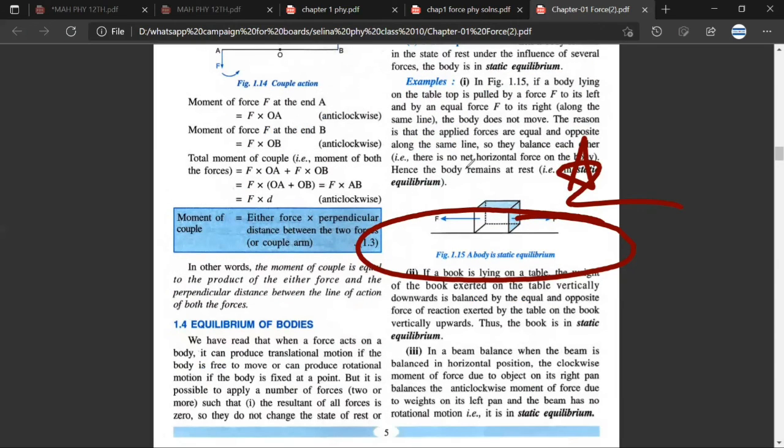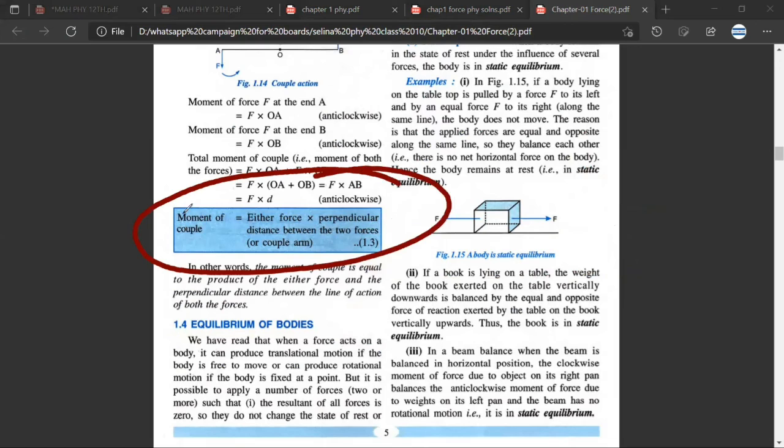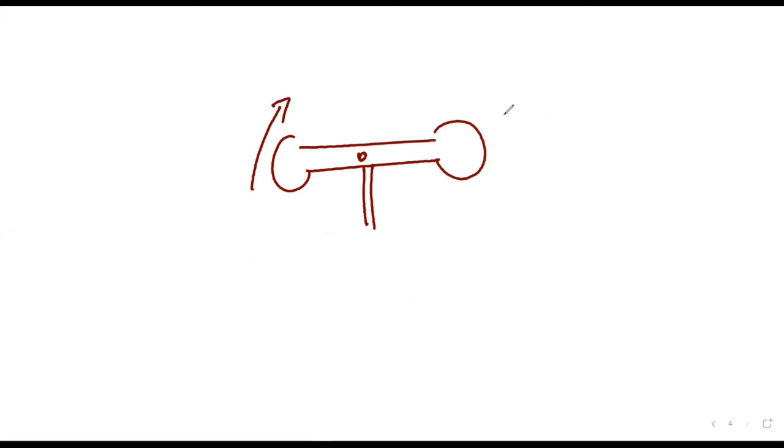So this is the formula that we need to use. The moment of couple is either force into perpendicular distance between the two forces. So the best example that you can take for understanding couples is when you are turning a tap. So let me draw the tap, which is old style. So this force would be this side, this force would be this side.